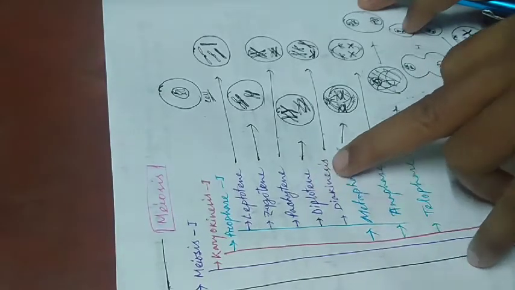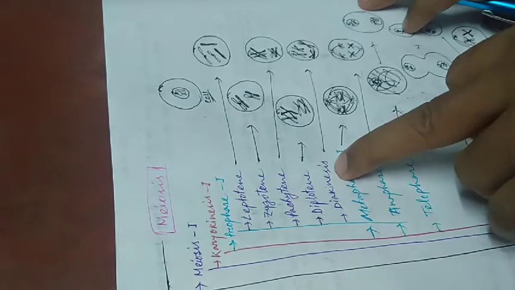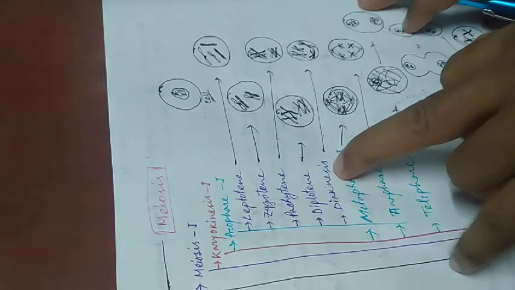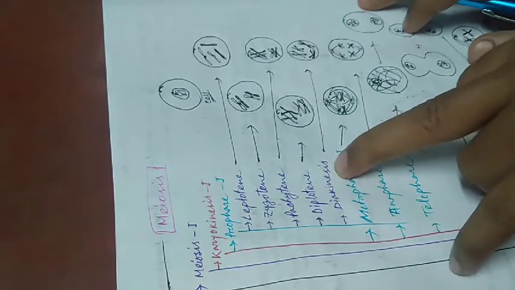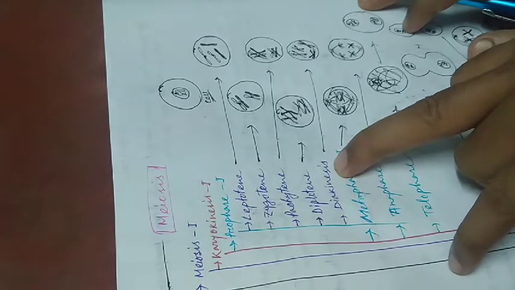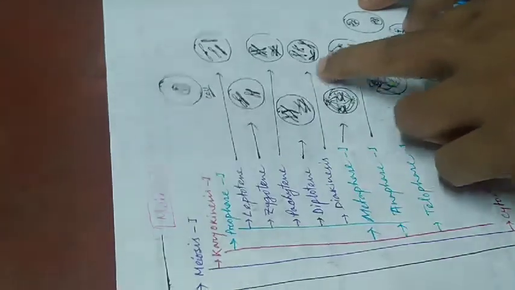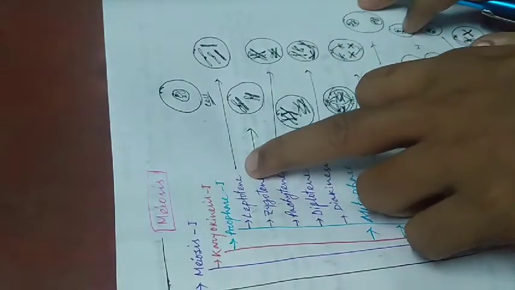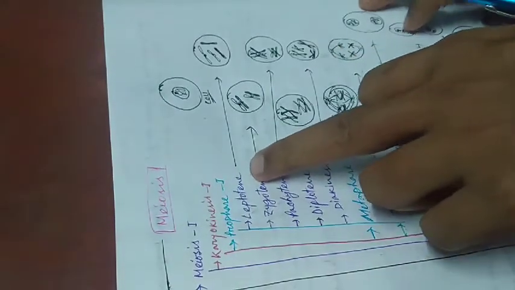After diplotene, at the time of diakinesis, the nuclear membrane and nucleolus will disappear, and all chromosomes come into the cytoplasm. So the first subphase is leptotene.